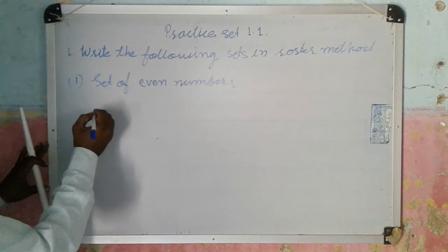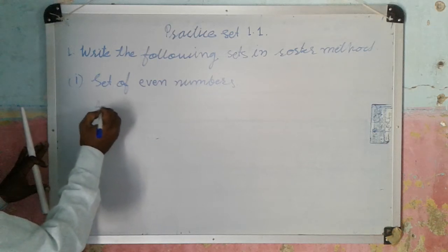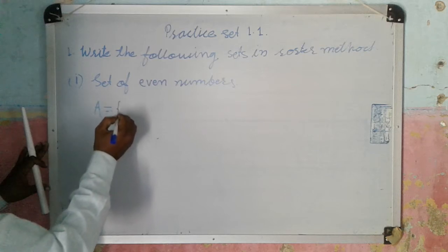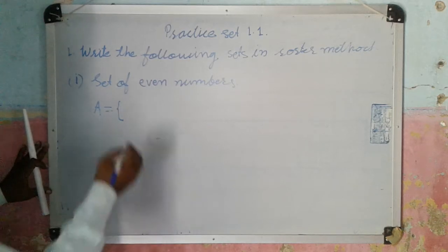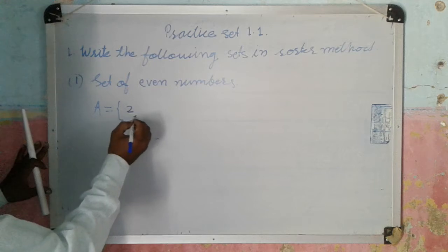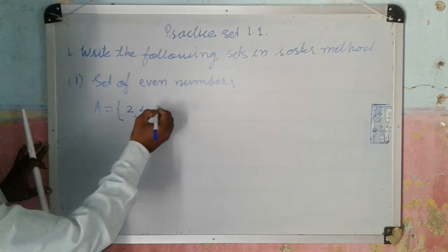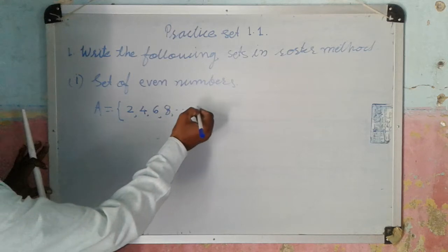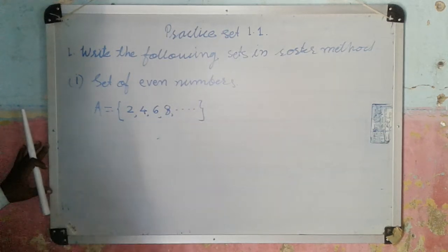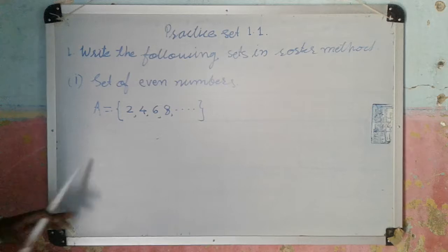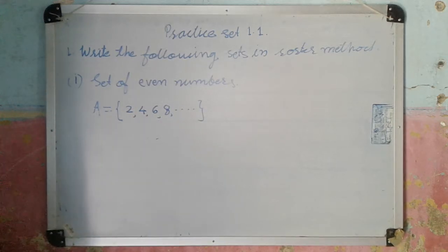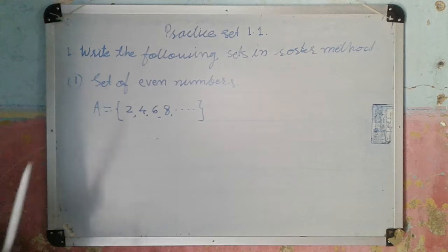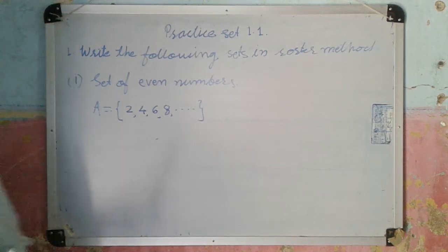Let that set be A. The even numbers are 2, 4, 6, 8 and so on. There are infinite even numbers, and the first even number is 2. So this set can be written like this.